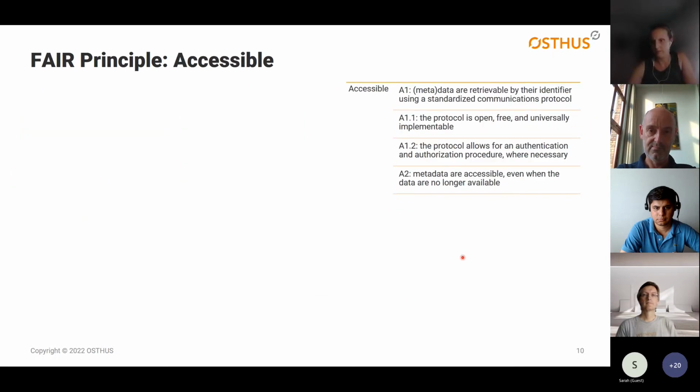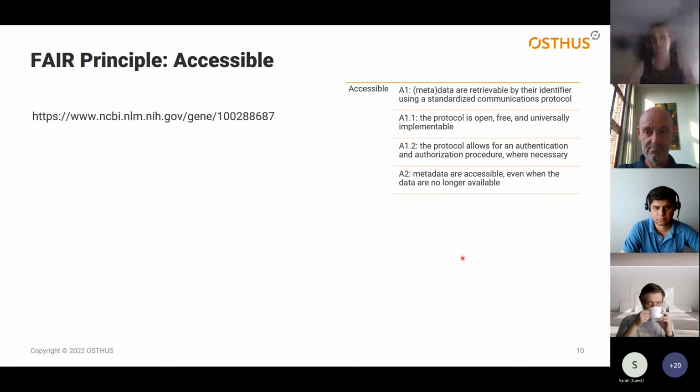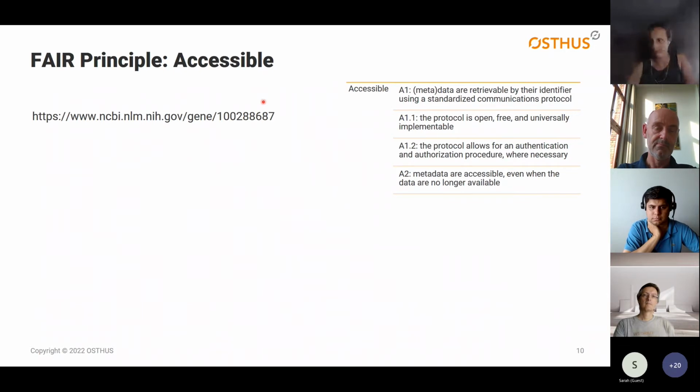Another is accessible, and this is already a bit more tricky, actually, because it has some more technical concepts. So metadata are retrievable by the identifier using a standardized communication protocol. Sounds complicated, but almost every web address satisfies that.